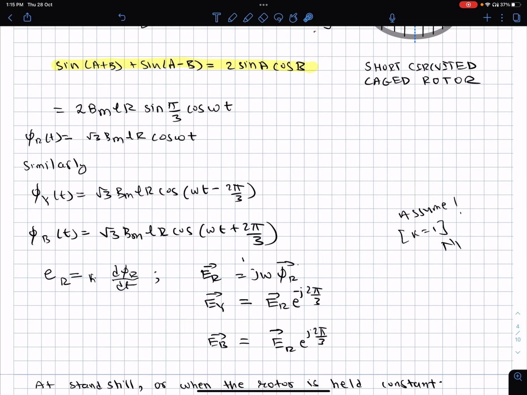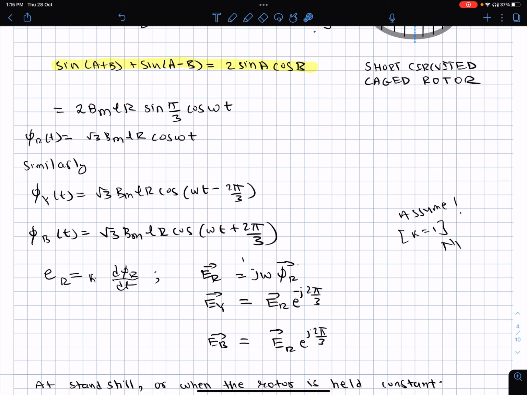Now, because the flux is just sinusoidally varying in time, it can be represented by a phasor with this being the peak amplitude and 1 by root 2 of it being the RMS value. So the induced EMF will also be sinusoidal and can be represented by a phasor.